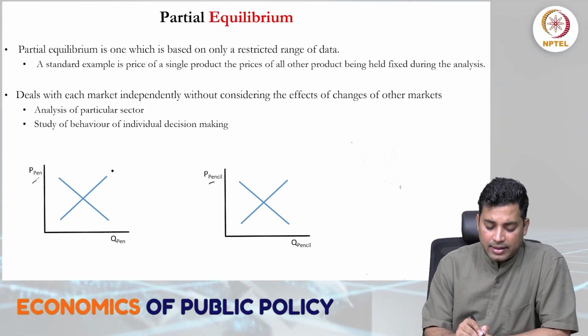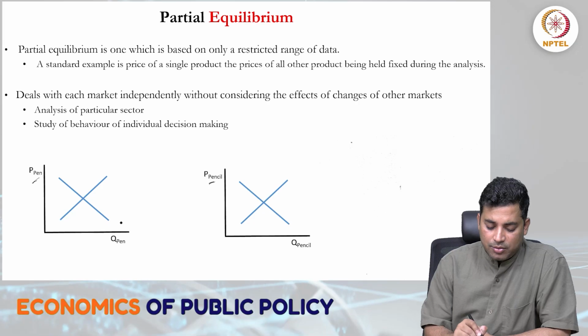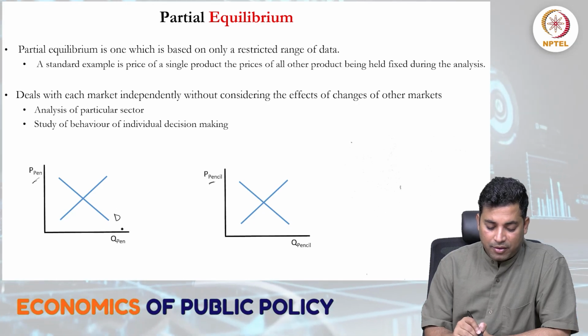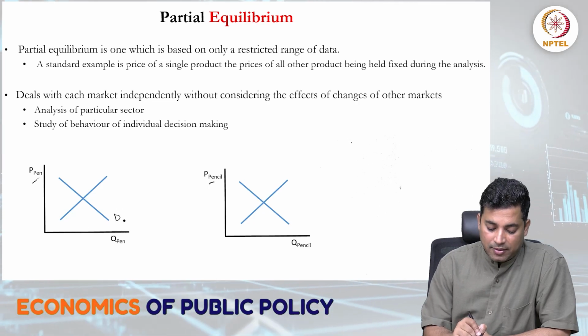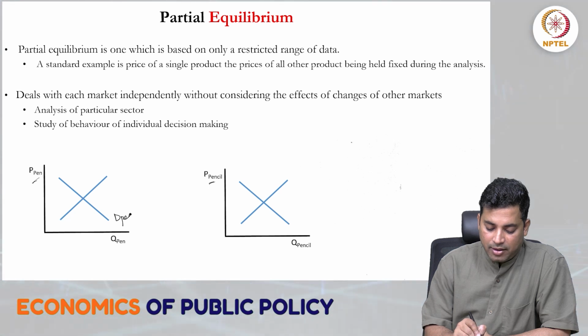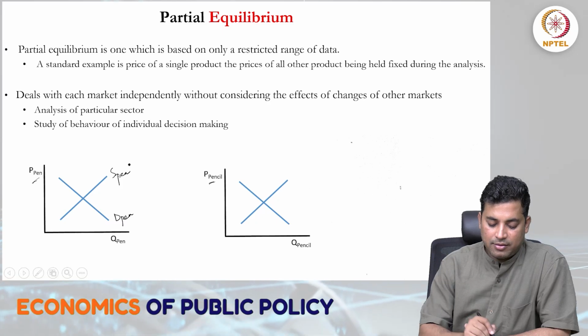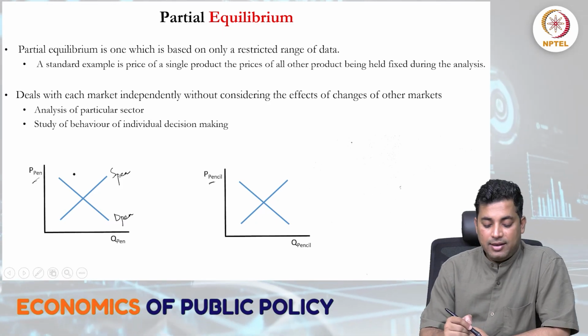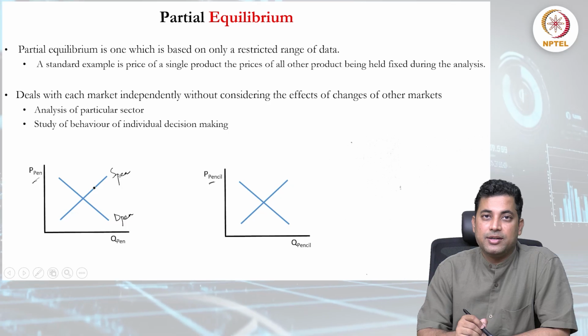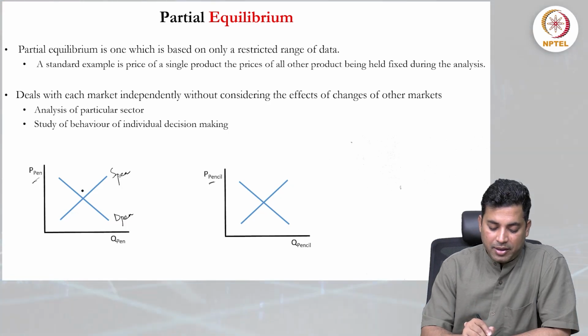Here the downward sloping curve is the demand for pen, and this is the supply for pen, and we know that the demand function is downward sloping and the supply function is upward sloping, and here is the equilibrium, right?